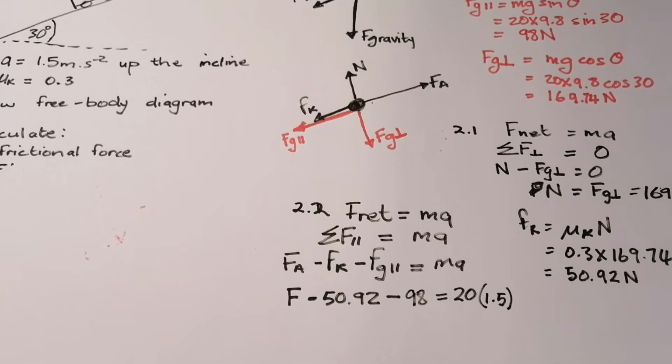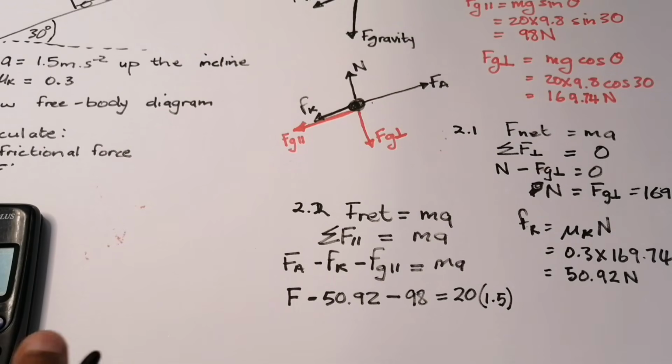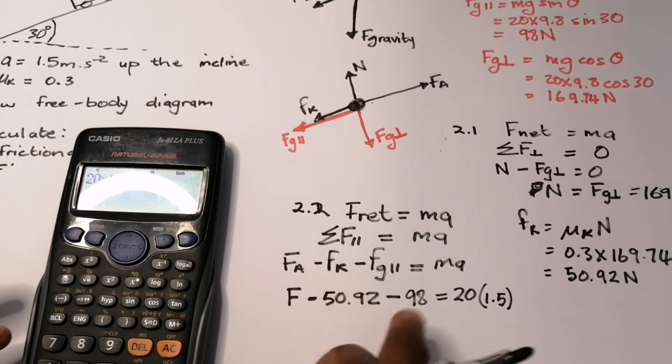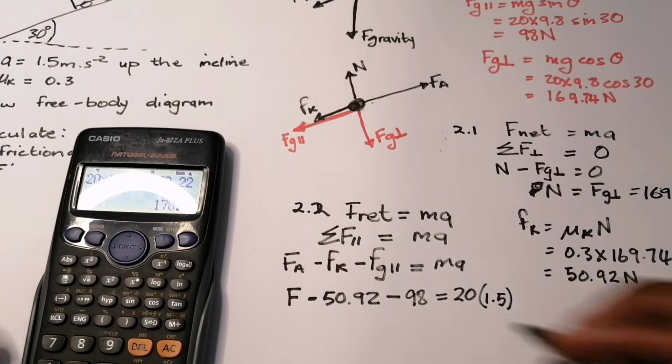All that's left, ladies and gents, is just to do our mathematical gymnastics. So I'm going to say 20 times 1.5, and I'm going to add 98, because I'm taking it to the other side, and I'm also going to add 50.92.